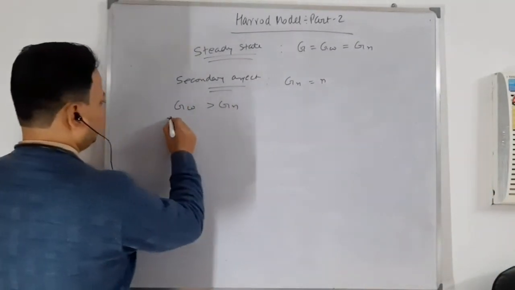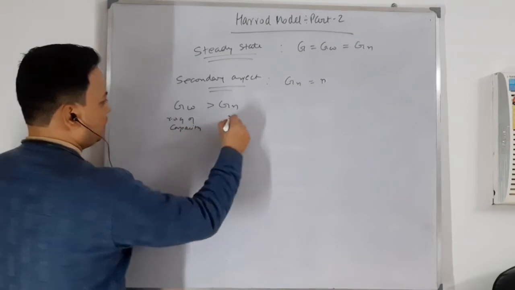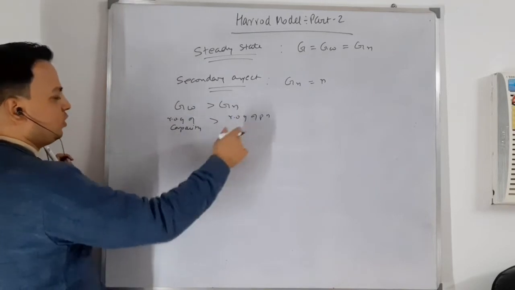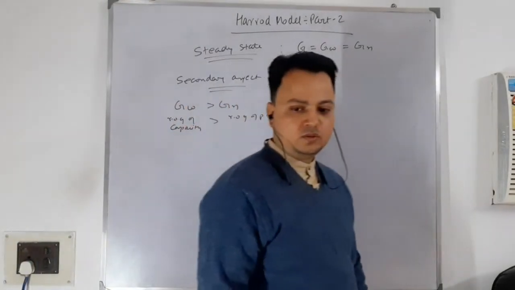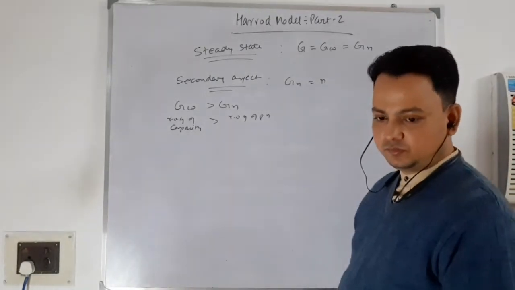This is the rate of growth of capacity, and this is the rate of growth of population. So the rate of growth of capacity is more than the rate of growth of population. What does it mean? I am adding more to capital stock.